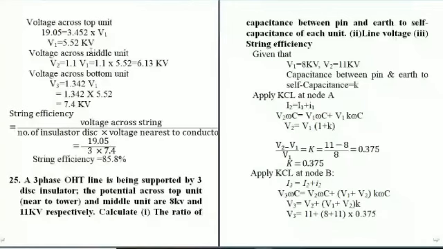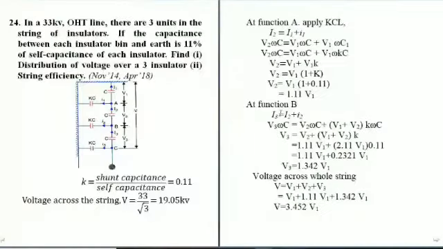Substitute the value of V1 in the remaining term. We have obtained V2 is equal to 1.11 into V1. If you substitute, V2 is equal to 1.11 into 5.52, that is equal to 6.13 kilovolt. That can be obtained.